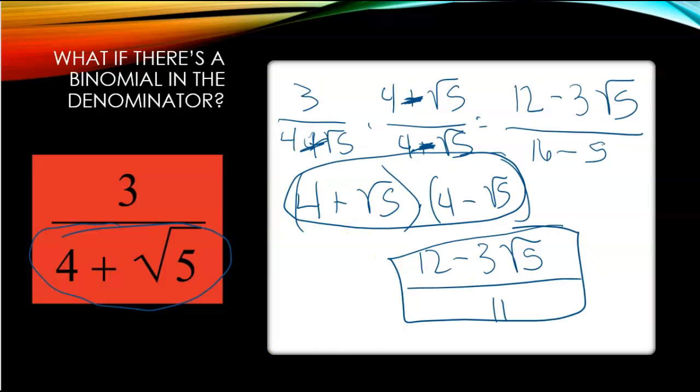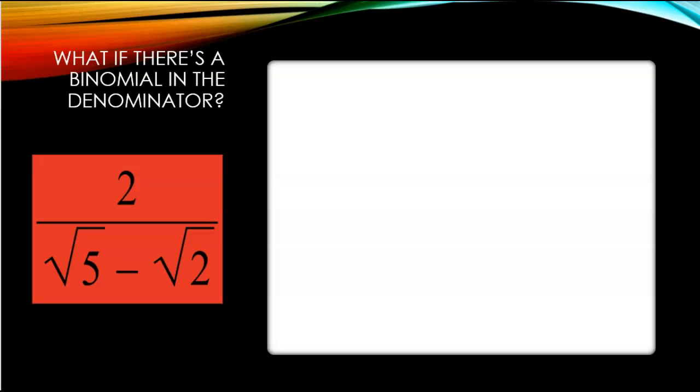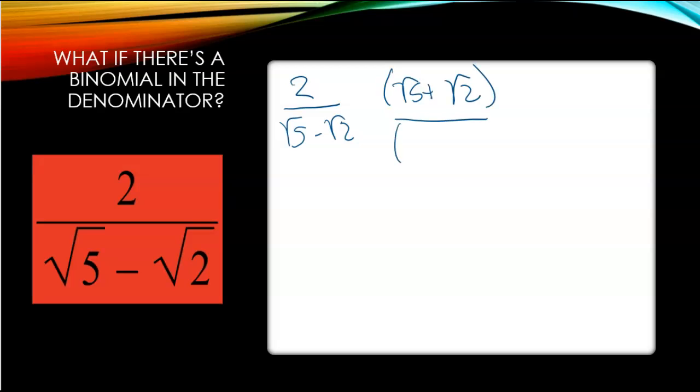Let's try another one. Okay, this one is already a negative, so what do you think we're going to do with it? Square root of 5 minus square root of 2. I'm going to change that to a positive, right? Square root of 5 plus square root of 2 over square root of 5 plus square root of 2. 2 times the square root of 5 is 2 square root of 5. 2 times square root of 2 is 2 square root of 2.